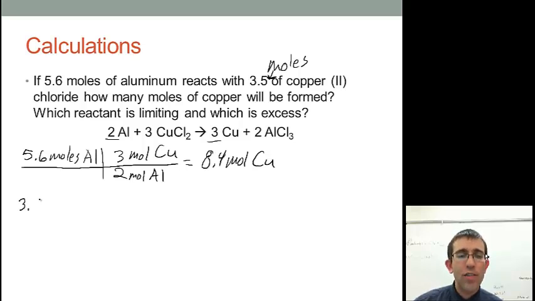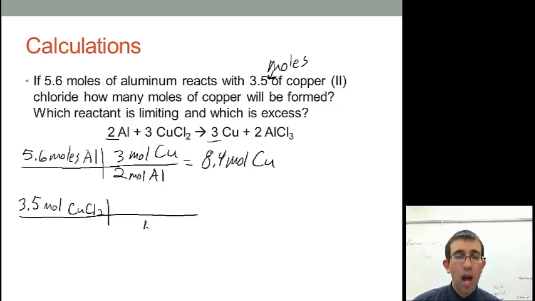So when you're given two givens, we're going to put them both into our flow chart. So we're also given 3.5 moles of copper 2 chloride. Alright? Now, I want to cancel out moles of copper 2 chloride. And once again, I want to know how much copper I will make. So we're going to go to moles of copper.